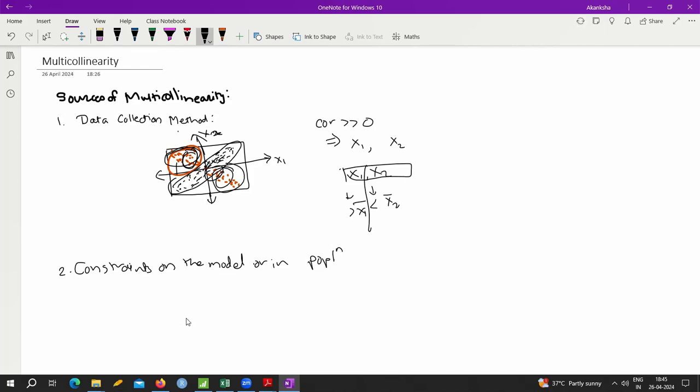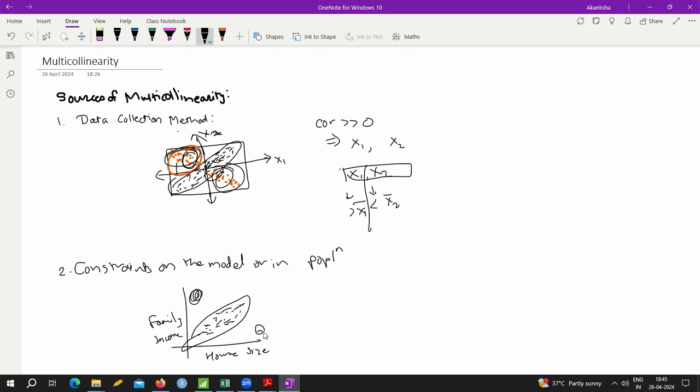electrical consumption. So one of the regressors there is house size and the other regressor is family income. Now we know that if I try to plot house size and family income scatter plot, I am going to get again a positively correlated scatter. And now in this case, it is very unlikely to find a family with very high income but a smaller house size, means something here, or a family with very high house size but less income, so something here.